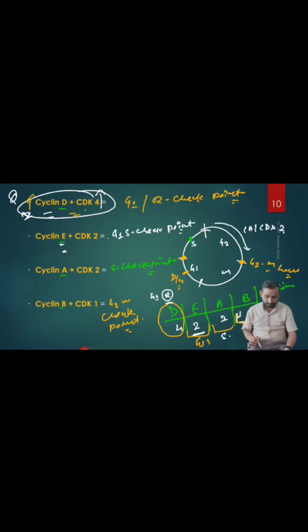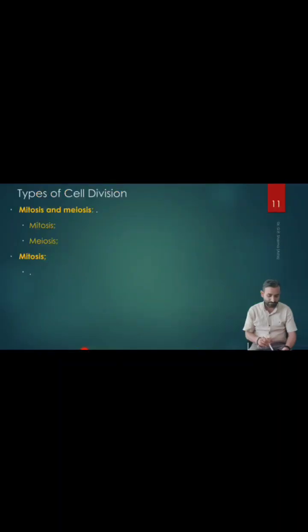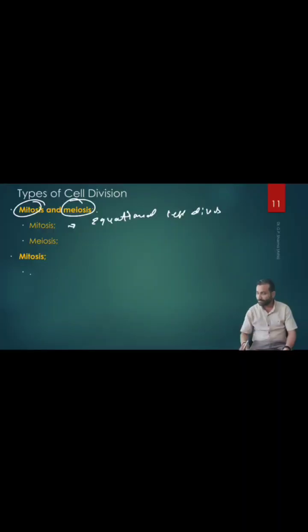So we have discussed this already a lot, and we go into the types of cell divisions. Our topic is mitosis and meiosis. Mitosis is equational cell division, so that it maintains genetic stability.